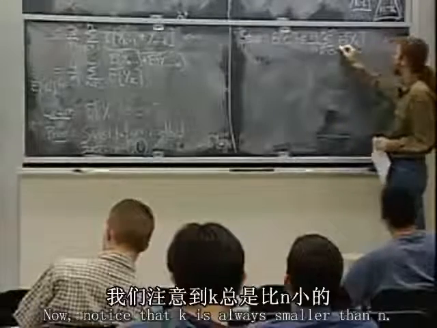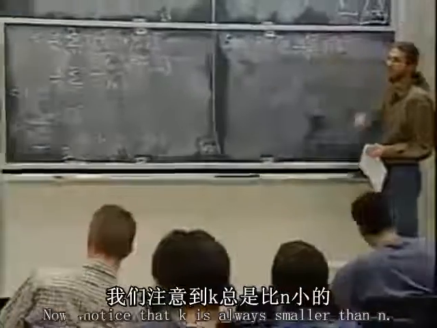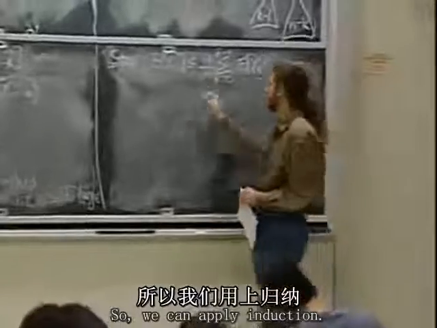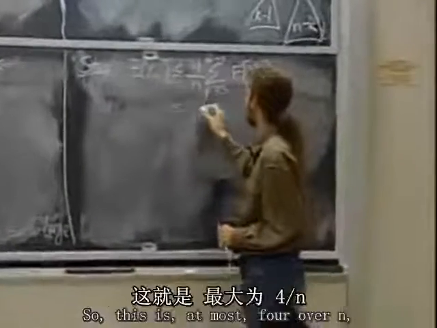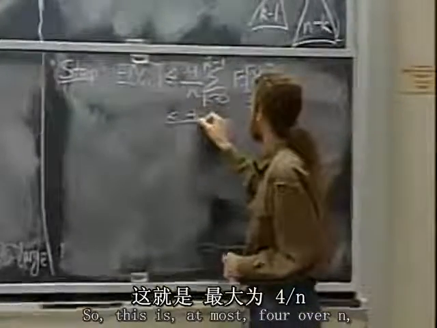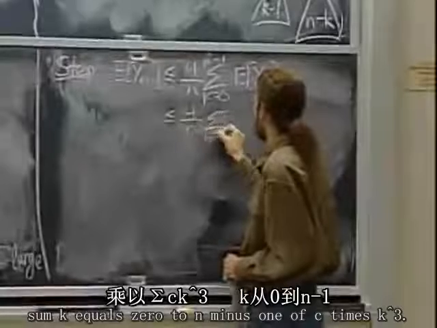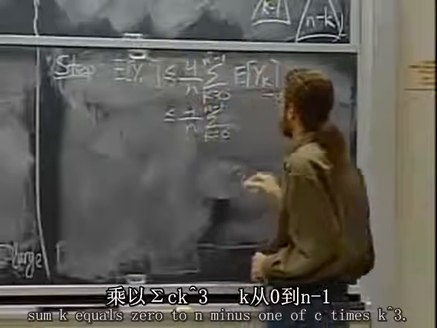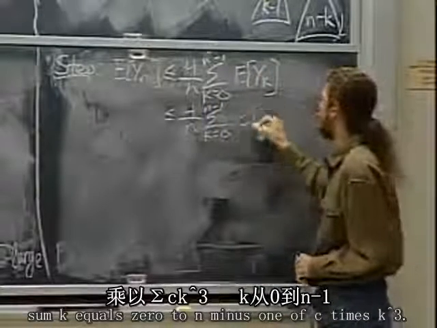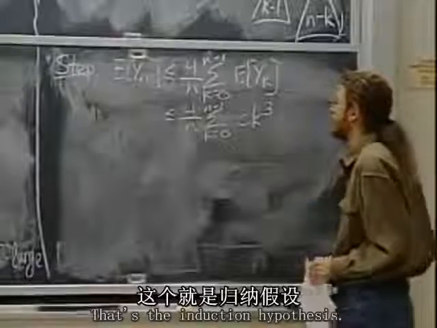Now, notice that k is always smaller than n, so we can apply induction. So this is at most 4 over n sum k equals 0 to n minus 1 of c times k cubed. That's the induction hypothesis.